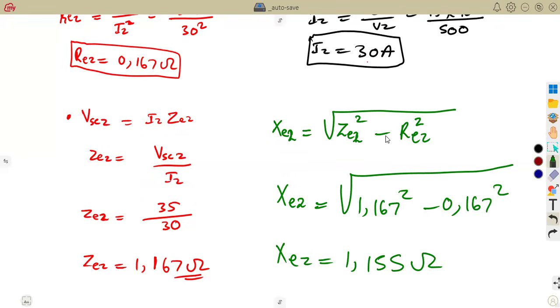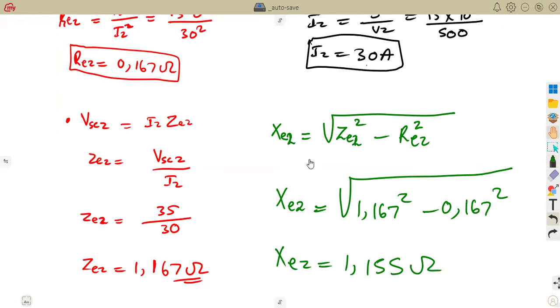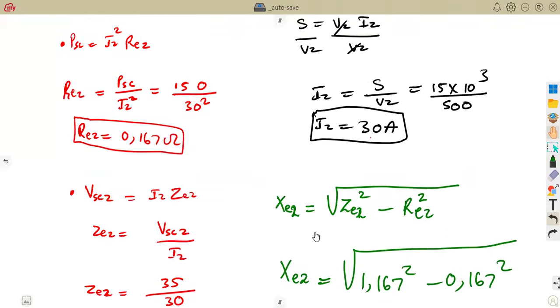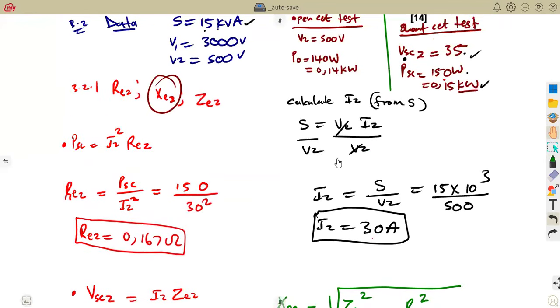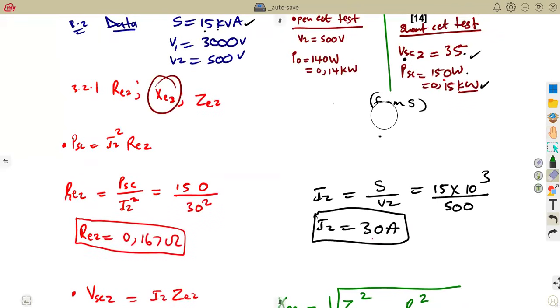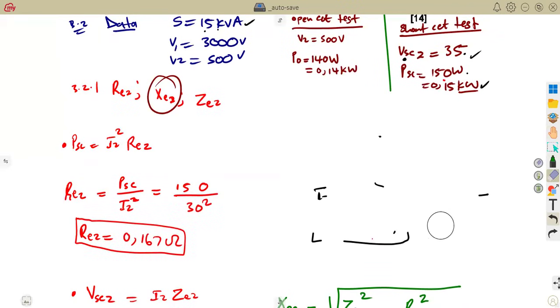So this is the equivalent reactance referred to the secondary side, as we are referring to the secondary side. These are the ones that we calculated, guys, and I'm just going to take these values. Please forgive me, guys. This thing simply needs us to understand each other. You understand me, I understand you, just like that.